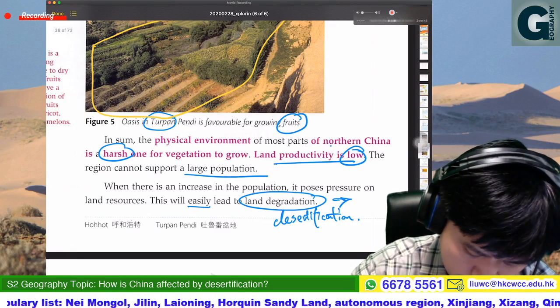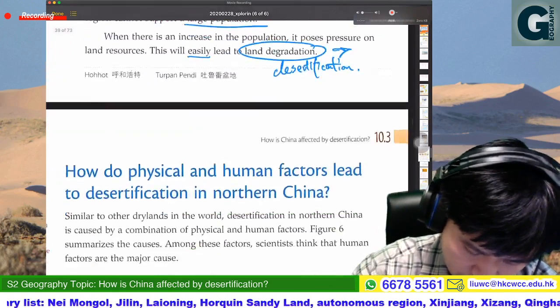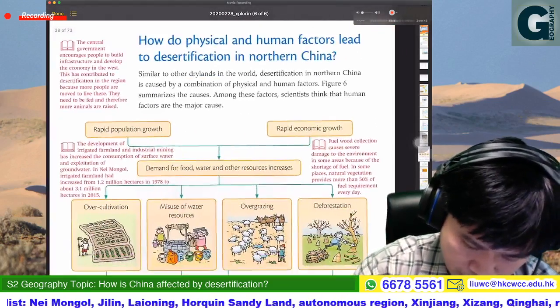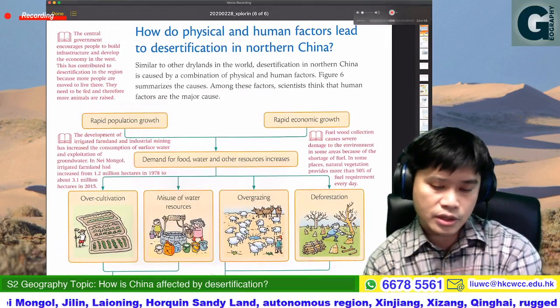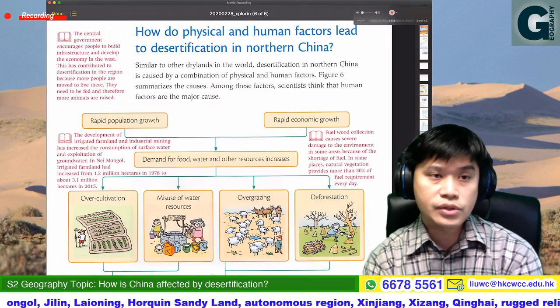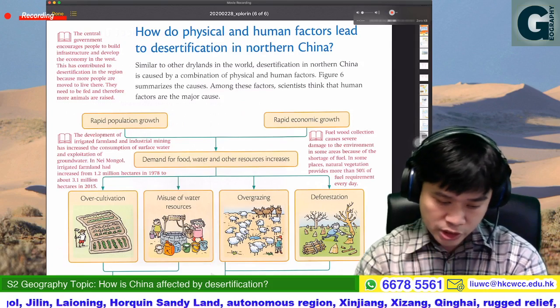咁就會導致好容易有荒漠化嘅出現啦。So therefore, the next page would be page 23. How do physical and human factors lead to desertification in northern China?